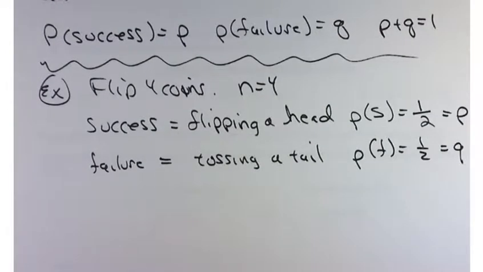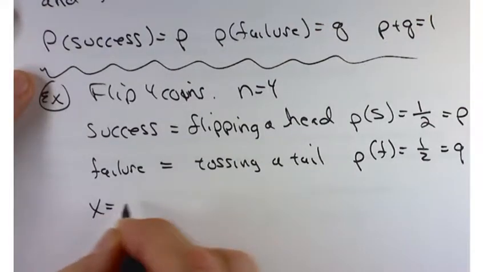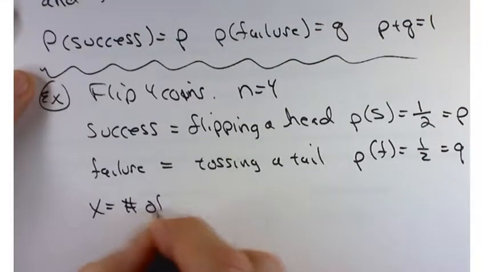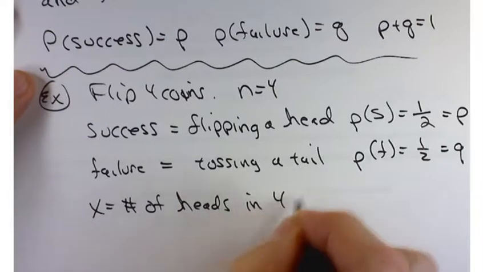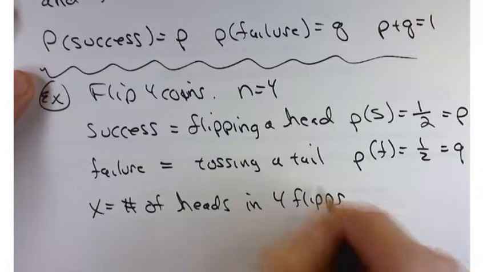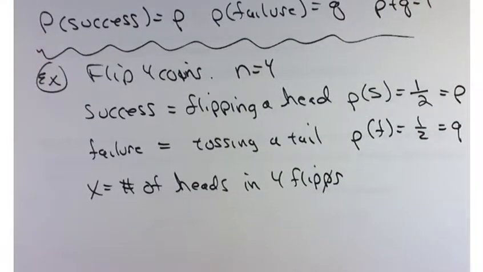If I want to find the probability of getting exactly 2 heads, so X is the number of heads in 4 flips, then this is a binomial random variable.